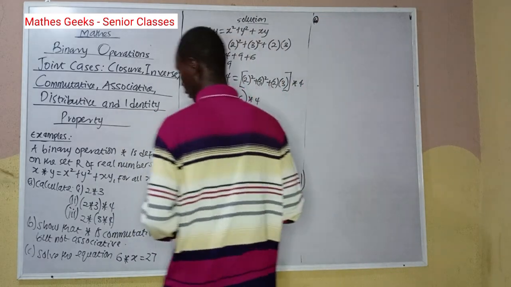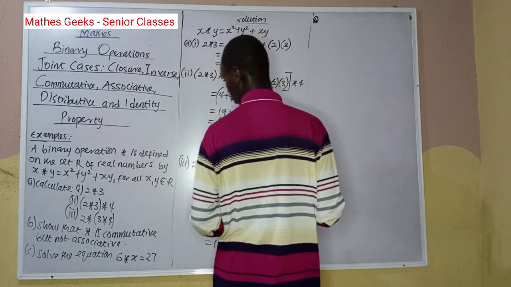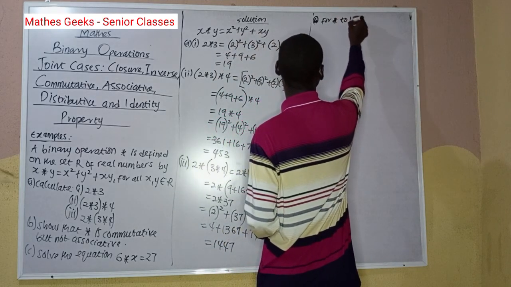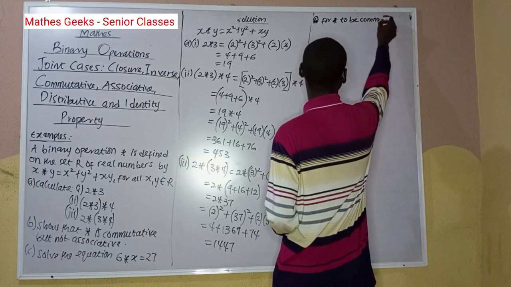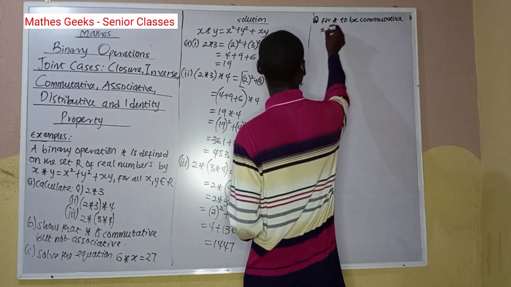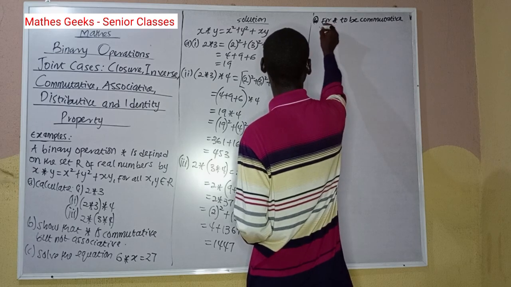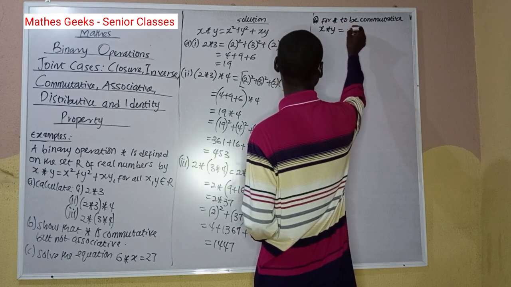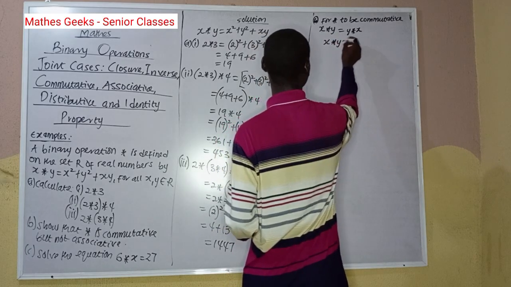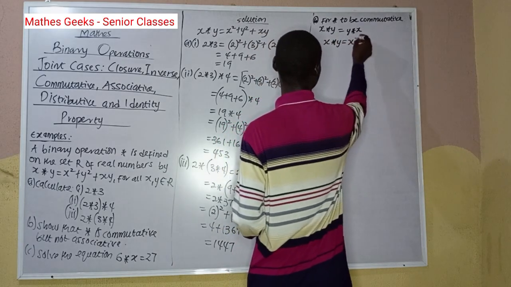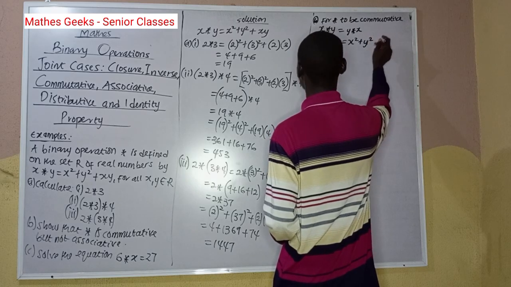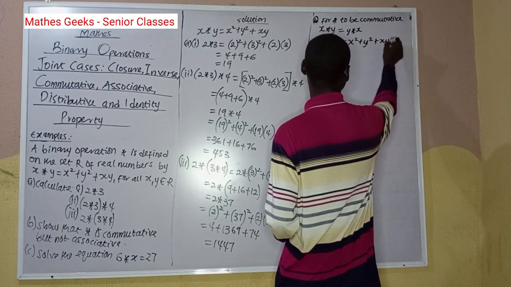This is to show that star is commutative but not associative. For star to be commutative, that means x operation y should be equal to y operation x. X operation y is equal to x squared plus y squared plus xy.